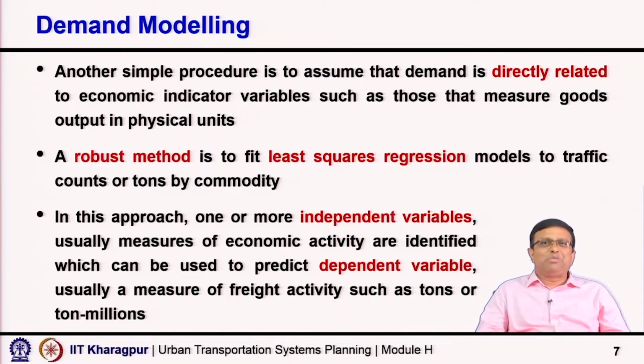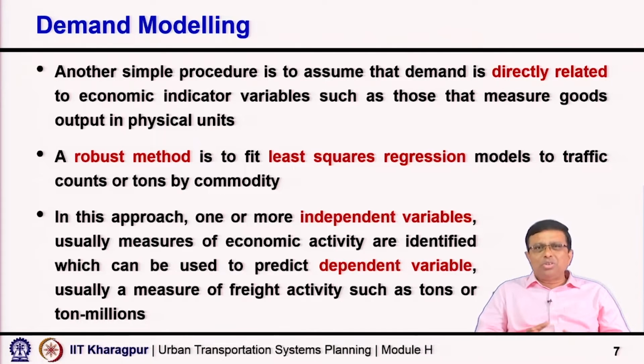So, a similar kind of approach you can use here, and in this approach, as you know, one or more independent variables, usually measures of economic activity, are identified and can be used to predict the dependent variable. Usually it is a measure of freight activity, such as how many tons or how many million tons of goods are produced.